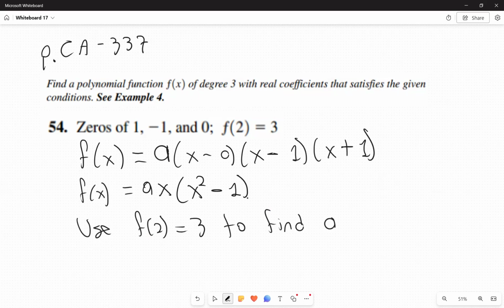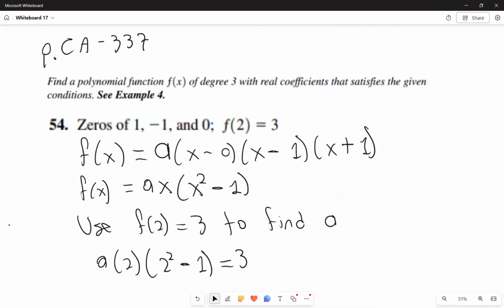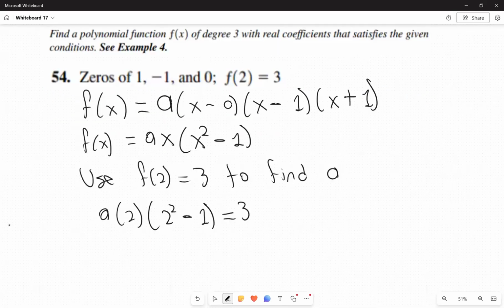That is A times 2 times 2 squared minus 1. That is equal to 3. 2 squared minus 1 is 3 because 2 squared is 4, so 4 minus 1 is 3.